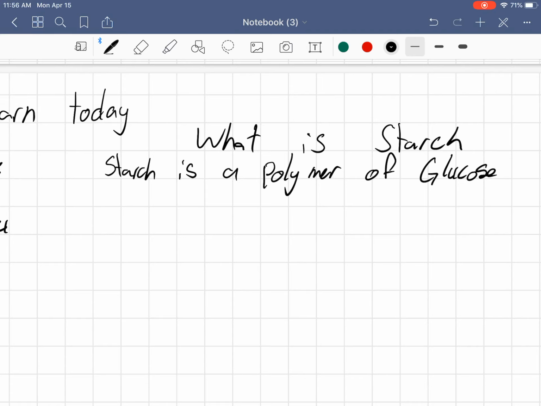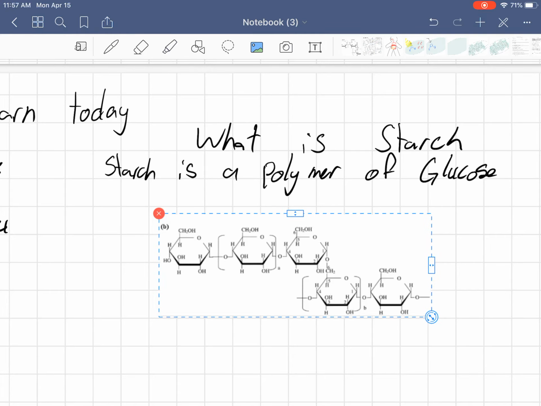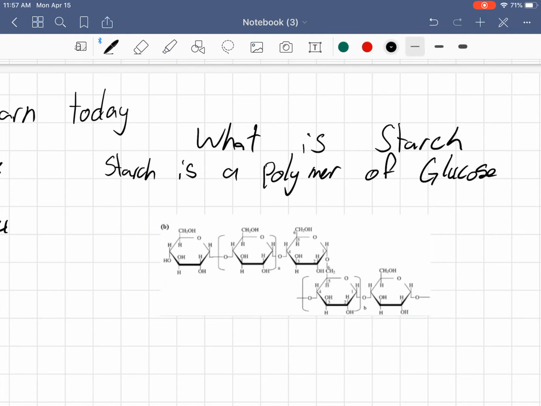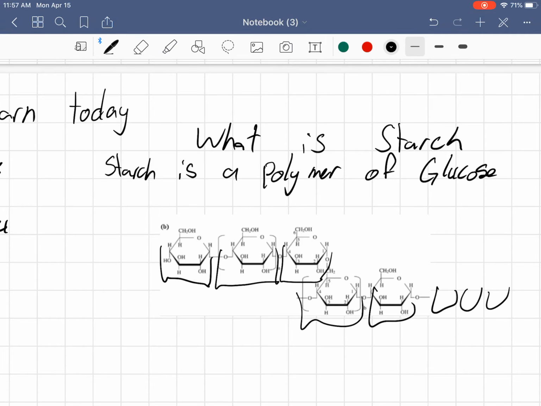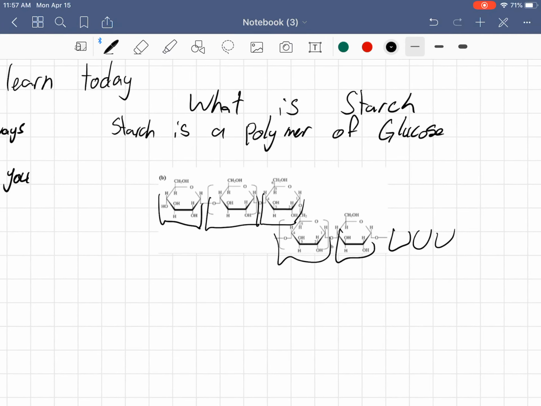Okay, now a polymer is a molecule that repeats many times. In this case, the molecule that is repeating is glucose right there. It repeats time and time again, lots of times, to make a much bigger molecule called starch.